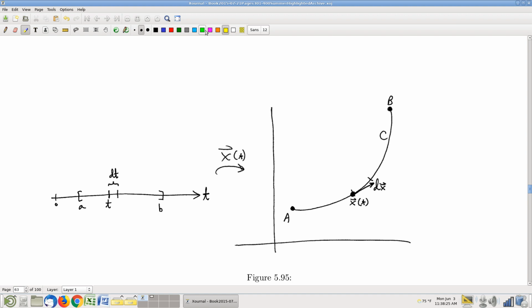So previously we talked about dt on the t-axis, and that corresponds to a little piece of curve there. And we talked further about the associated vector, the dx vector. That dx vector is what I like to call the position differential.